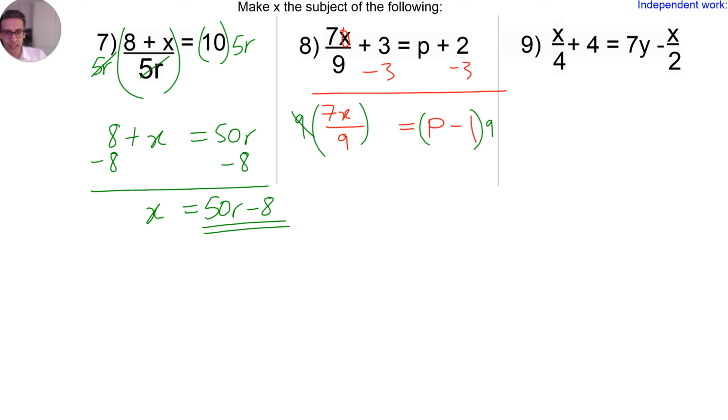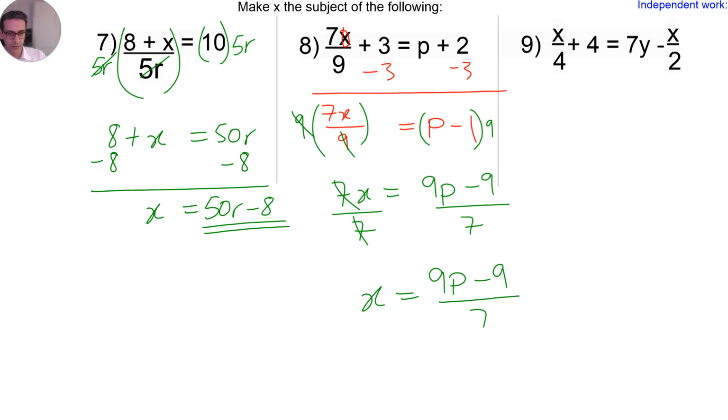So this becomes, that cancels out, so 7x equals 9p minus 9 times 1 is just 9. And then I'm going to divide by 7. So I get x equals 9p minus 9 all over 7. That's my final answer.